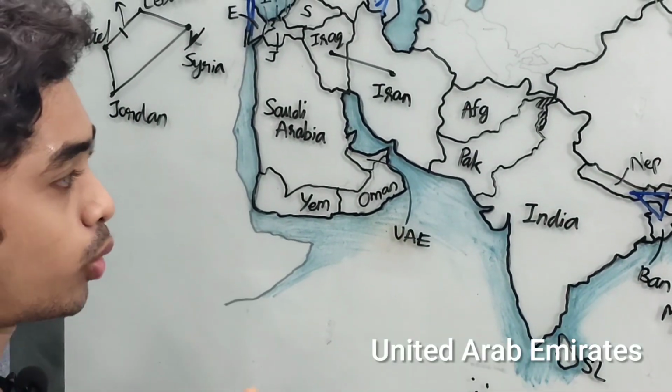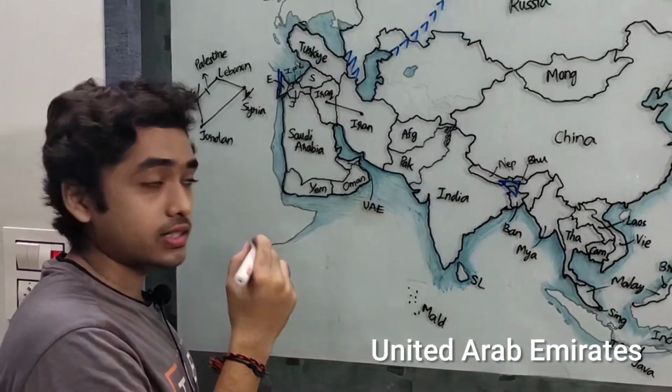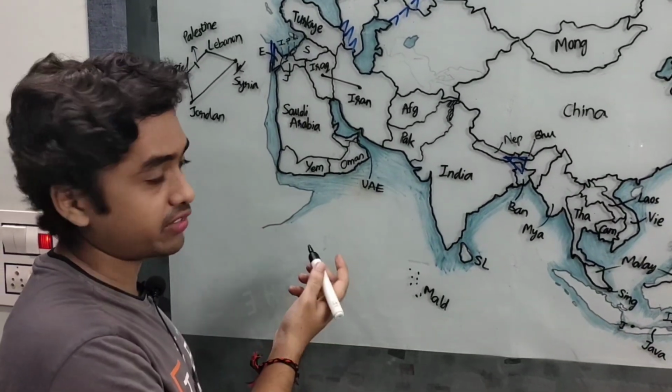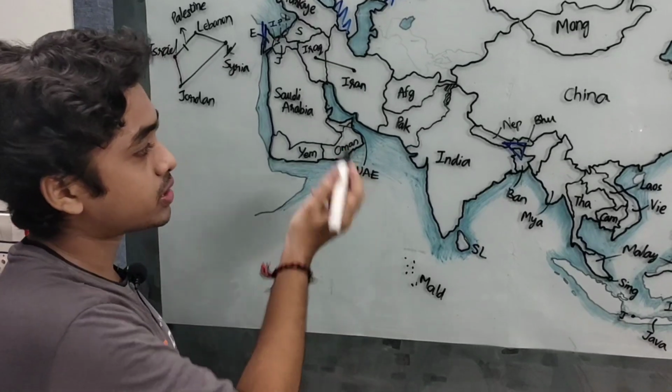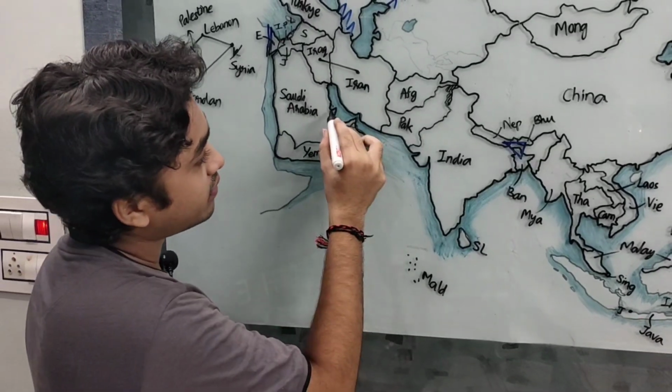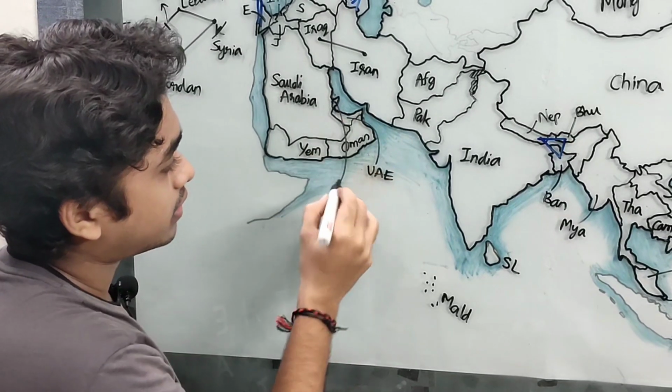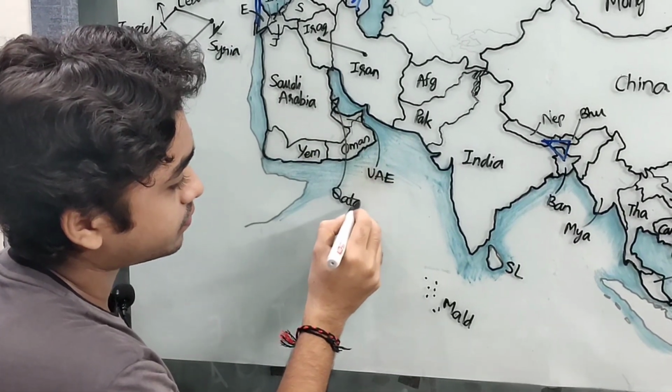This is home to the tallest skyscraper built by man, which is Burj Khalifa, situated in Dubai, which is present in UAE. Then we have this small country, Qatar.